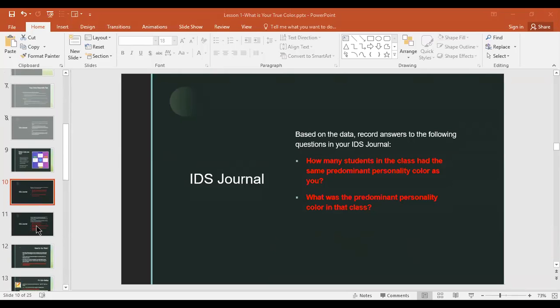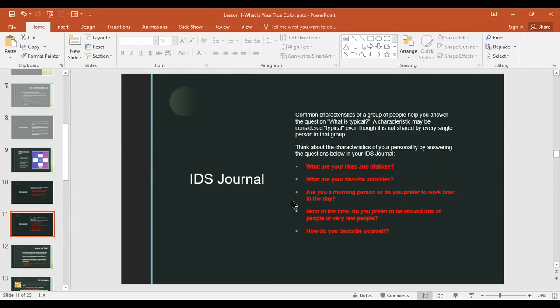And let's move on. So now I'm going to ask you some more questions about yourself, okay? So I want you guys to think about some common characteristics. So common characteristics of a group of people help you answer the question of what is typical. A characteristic may be considered typical even though it is not shared by every single person in that group, right?